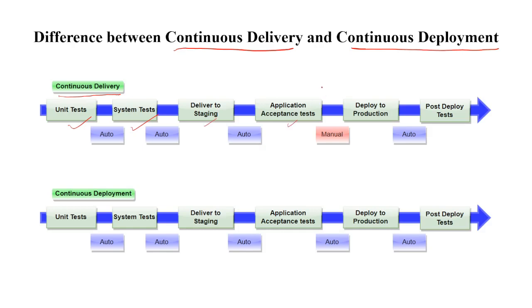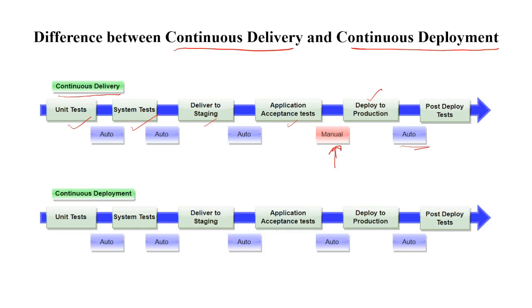After the acceptance tests pass, there is a manual checkpoint. It could be getting a go-ahead from the business team or someone else, and once we get it, the code is deployed to production. So there is a manual intervention. Once it is deployed in production, everything else, like monitoring, is done automatically. That is continuous delivery.